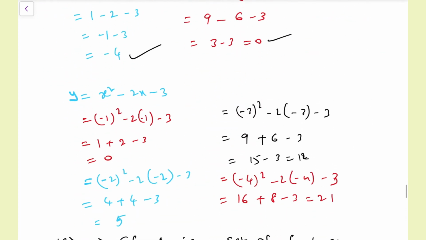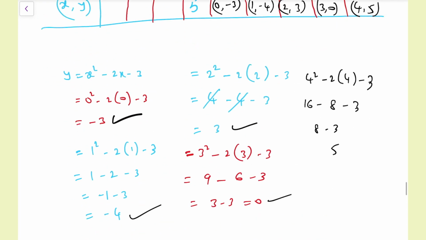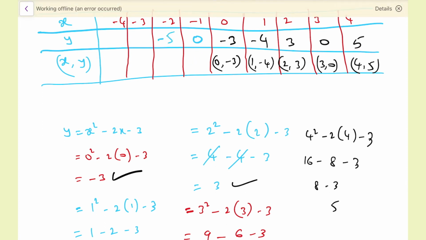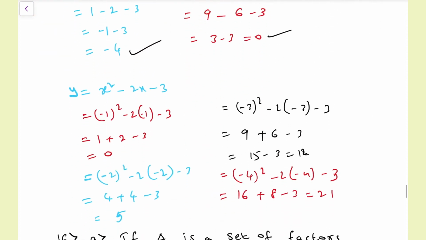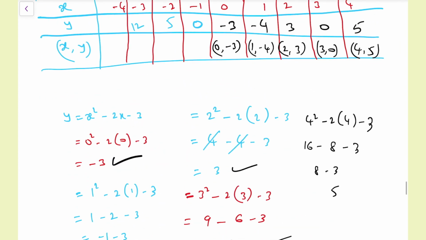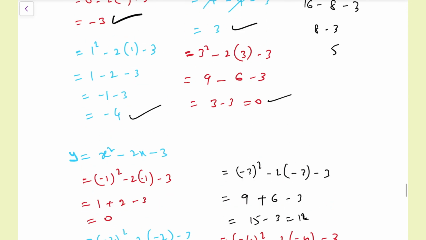Minus 1 only is 0, right? Okay, minus 2 is 5. Oh, sorry, here I wrote it wrongly, that's why I'm getting confused. Minus 2 is 5. Next, coming to minus 3, it is 12. Then last, when I substituted minus 4, it is 21.